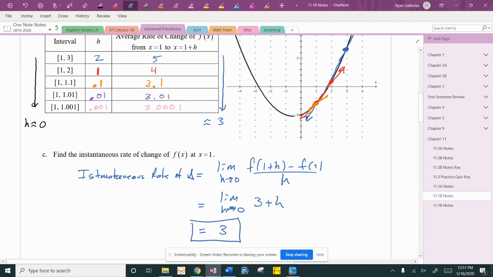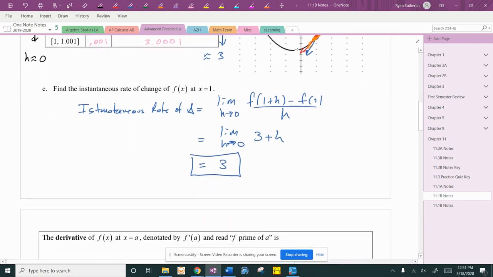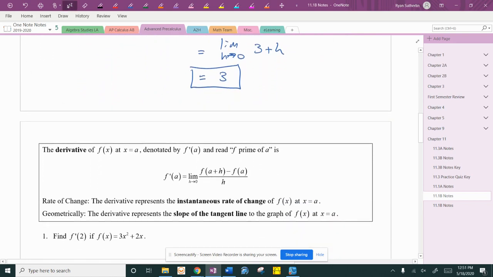This rate of change, the idea of finding out what's happening at an exact moment in time, that's the whole idea behind the derivative. So the derivative of f of x at x equals a, denoted by this notation, which is read f prime of a, is the limit of the difference quotient.